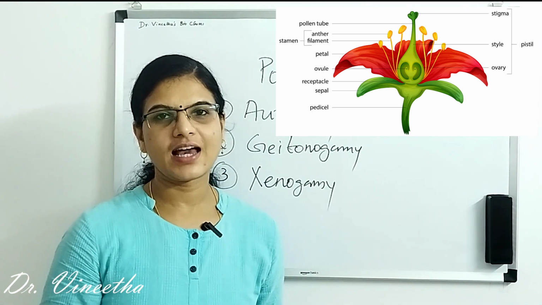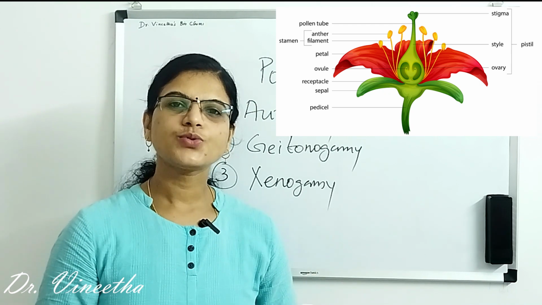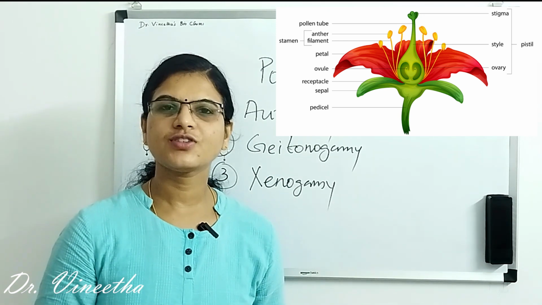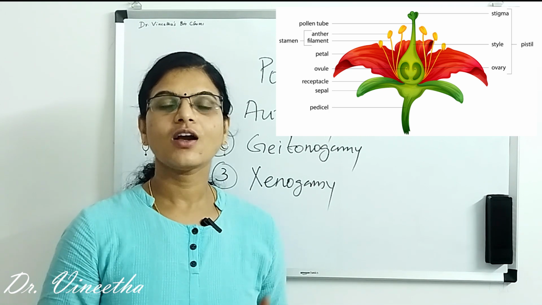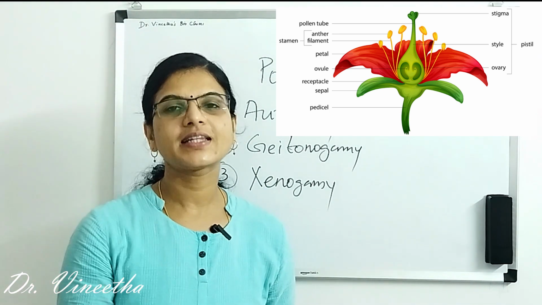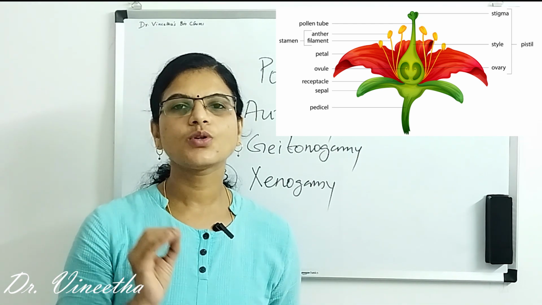In this type of fertilization, the pollen grain of the flower goes to the stigma of the same flower. So pollination happens within the same flower. This is called autogamy or self-fertilization, that is fertilization of the male and the female gamete of the same plant.